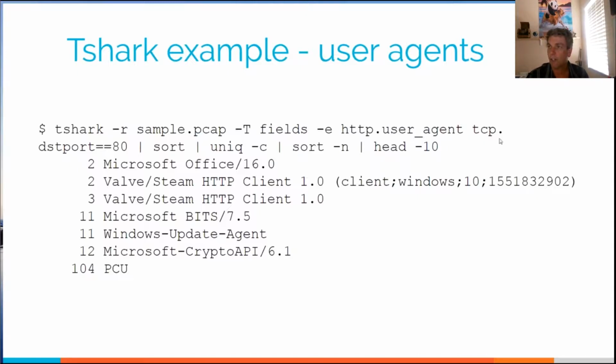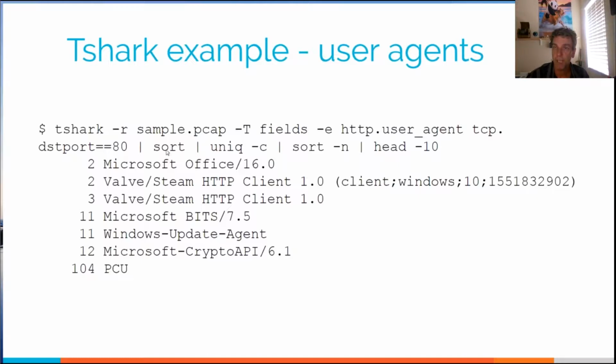And I'm saying only apply this to the traffic, so this is actually a filter with a TCP destination port equal to 80. So this will only impact traffic going to TCP 80. If it's HTTP going to some other port, I'll miss that doing this analysis. But at least I'm not trying to see if there's a user agent on every port. That'll just make everything take way too long.